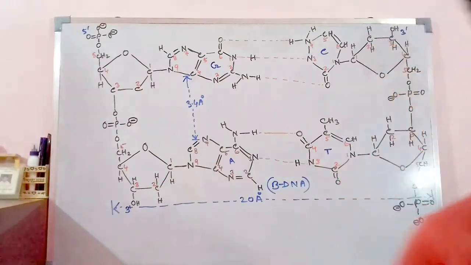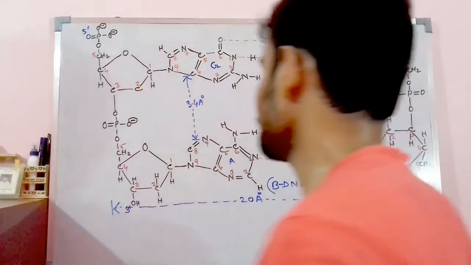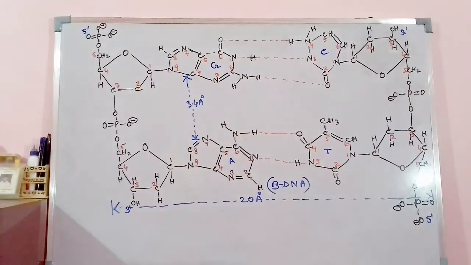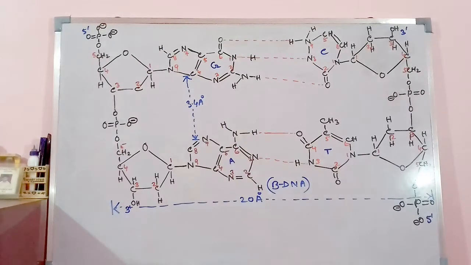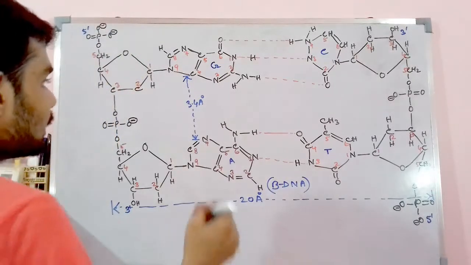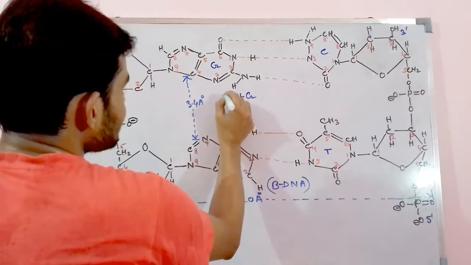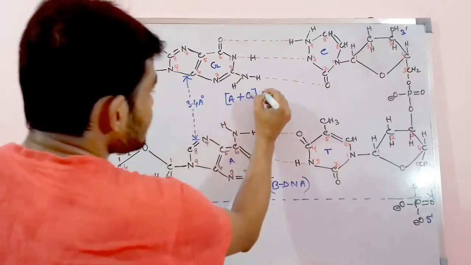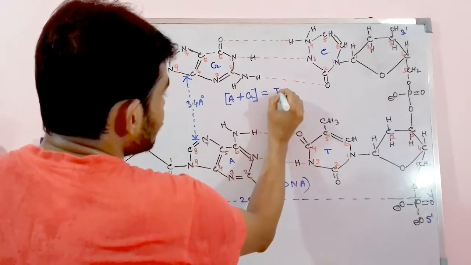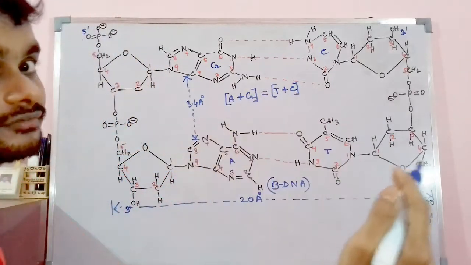What he told is, in any kind of DNA molecule, whatever the species or organism it is, the number of adenine plus guanine bases present in one strand of the DNA is equal to the number of thymine plus cytosine nitrogenous bases present in the other strand of the DNA.